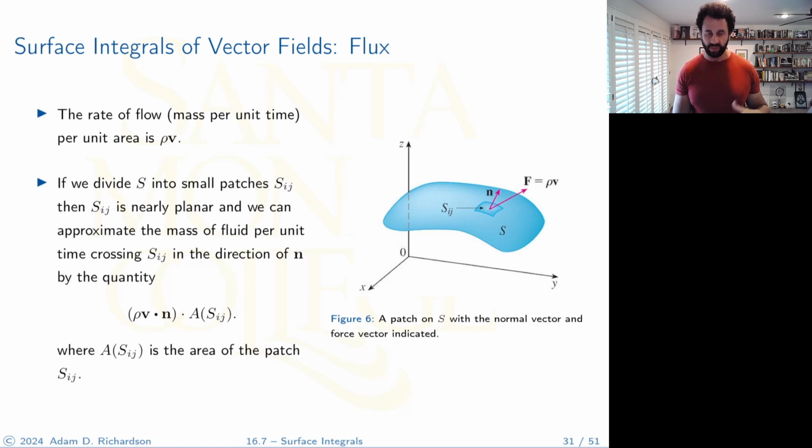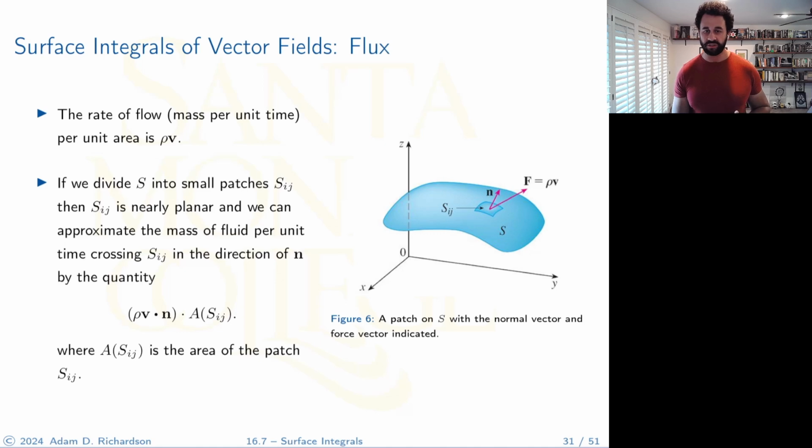So what we can do is approximate the mass of fluid per unit time crossing through that patch in the direction of the normal vector. All right? This is the picture you want to think of. A of S sub ij is the area of this patch, and this here is the rate of flow, which we dot with the normal vector.